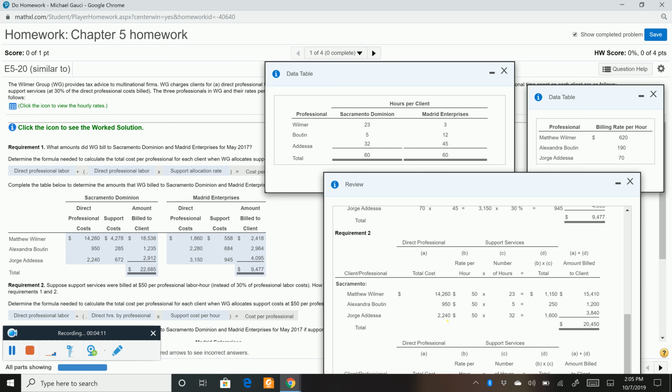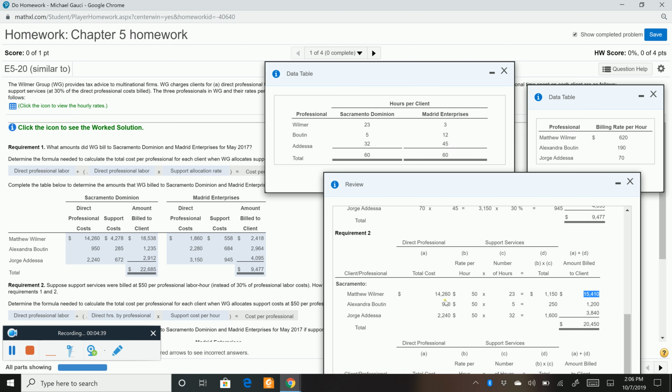But on top of that, for support services, instead of taking 30% of the hourly rate, we're going to take a flat $50 times the number of hours worked. So when we do that, for Matthew Wilmer, we're going to bill his hourly rate of $14,260 plus the support services rate times 23, or $1,150. Add the two up, we're going to bill $15,410.